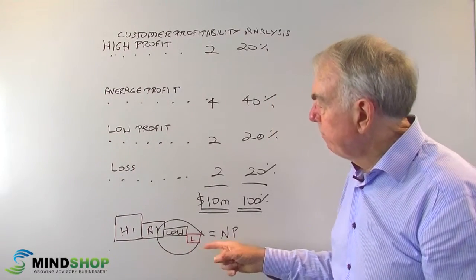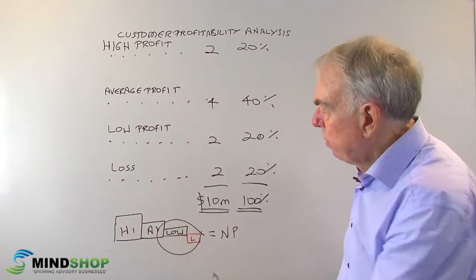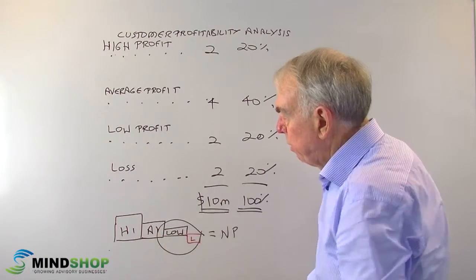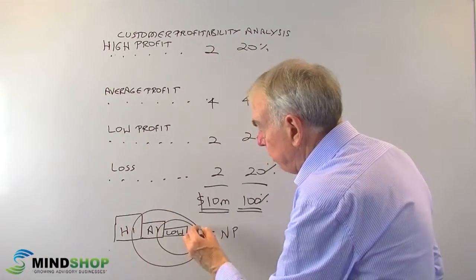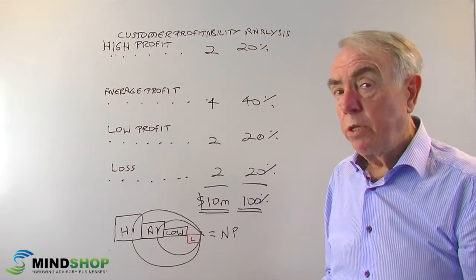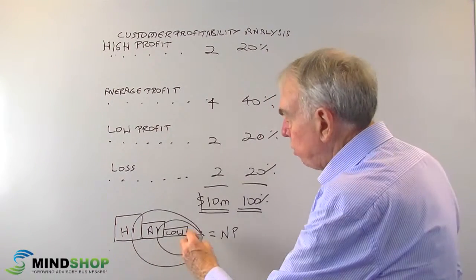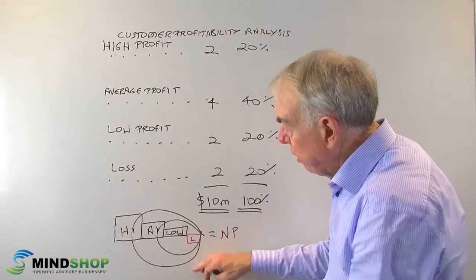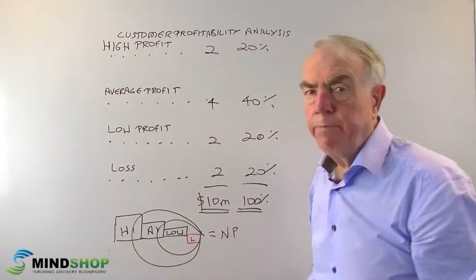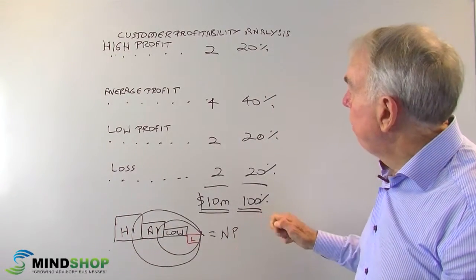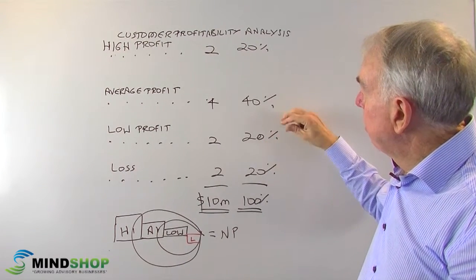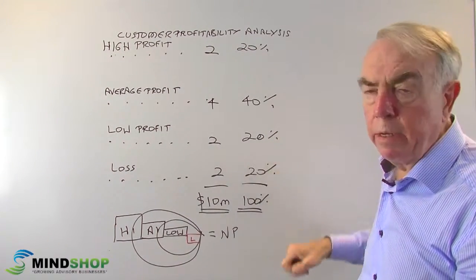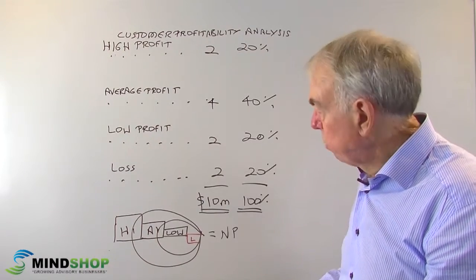The money you make in your high and average profit might be cut out by those. Or if your profit is really low, it might even be something like that. Or if you're in a loss incurring situation, the loss is obviously even greater here, and it wipes out all of that. You could be burning up the money that you've made over here just on that. So you need to understand that.